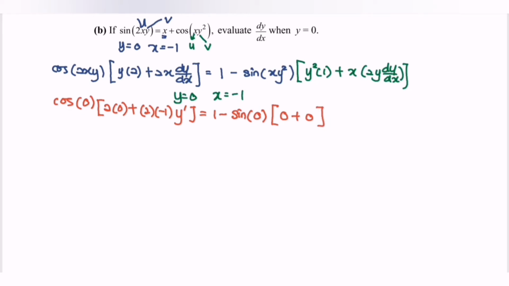For this case, the whole right-hand term will become 0. For this one, we will have 1 multiply with 0. So we will have negative 2y prime equals to 1. So from here, the first derivative, or we say dy dx, will be equals to negative 1 over 2. So here we are, and thanks for watching.